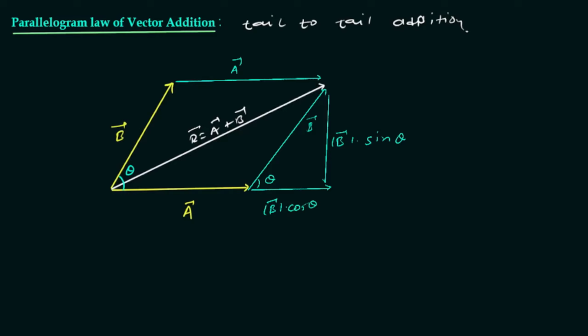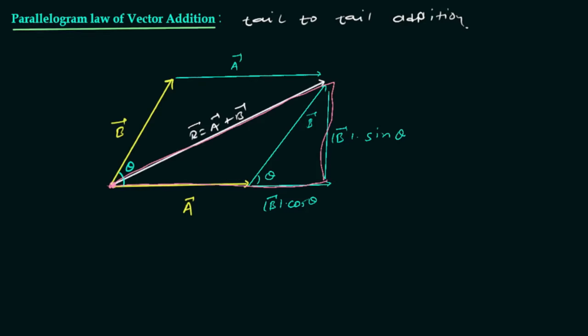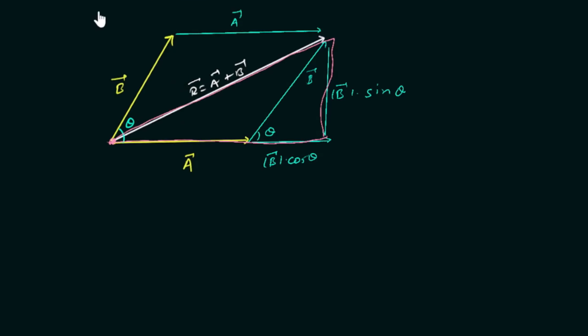Now consider this particular angle. This is our hypotenuse, this is the perpendicular, and this is our base.